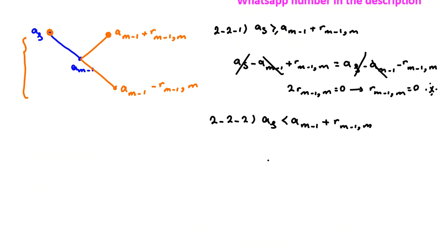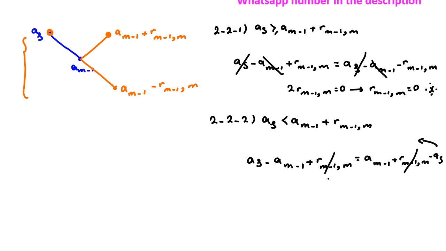This one is what? Again, you say this difference, AS minus AM minus 1 plus RM minus 1M, equals the difference of these two things. This minus this: AM minus 1 plus RM minus 1M minus AS. Now we can cancel these two elements.